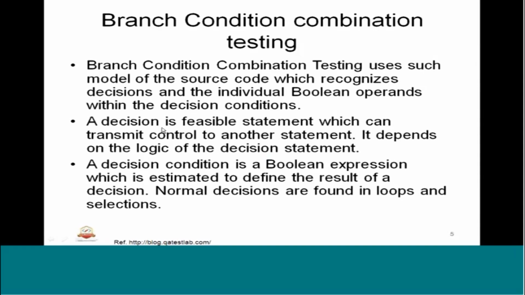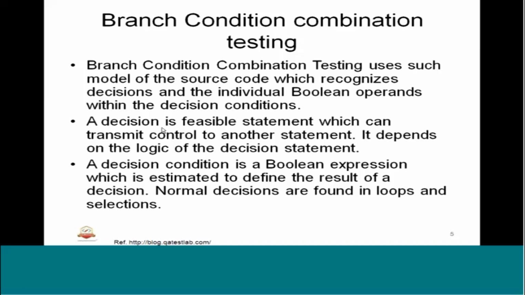A decision is a feasible statement which can transmit control to another statement. It depends on the logic of the decision statement, that is, how the logic is going to be derived. Based on that, the decision is called a feasible statement. A decision condition is a Boolean expression which is estimated to define the result of a decision.